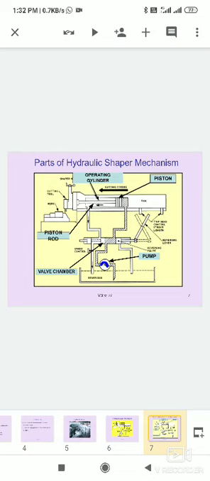This cylinder is also connected to the operating cylinder, and the tool head, clapper box, and cutting tool are also connected. This cylinder can be moved from left to right and right to left through a hydraulic cylinder.